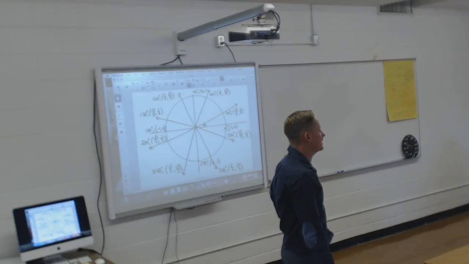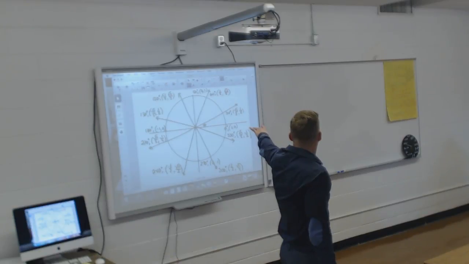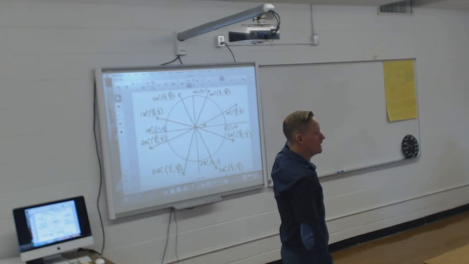How do I find sine on that circle? Where is sine located in every one of these ratios? It's the y value. So look at 120 degrees right now and tell me what the y value is.